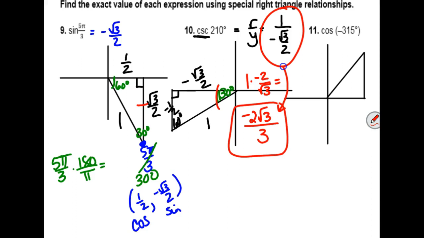All right, number 11. Already drawn for you? Thank you. And then I need to know how big this angle is. Thank goodness, we finally got a 45, 45, 90. So this is a 45-degree reference angle. So the hypotenuse, if you want to call it a 1, like it is on the unit circle, that's fine. But it does give you a bit of a challenge here for the legs.